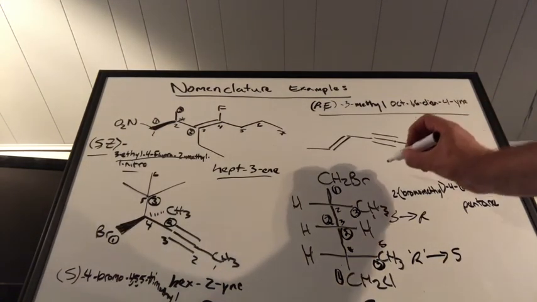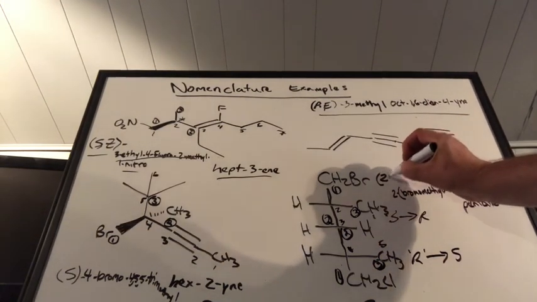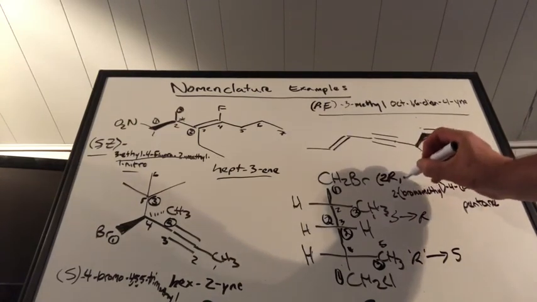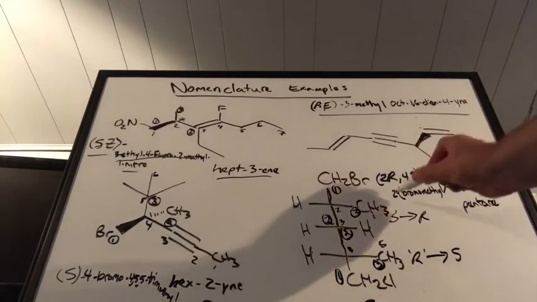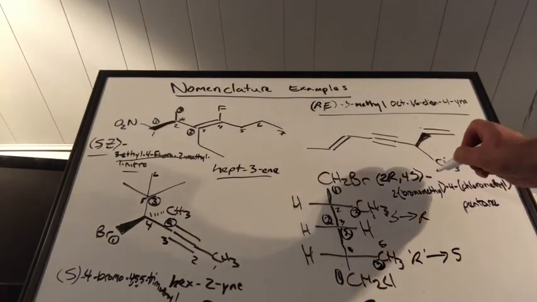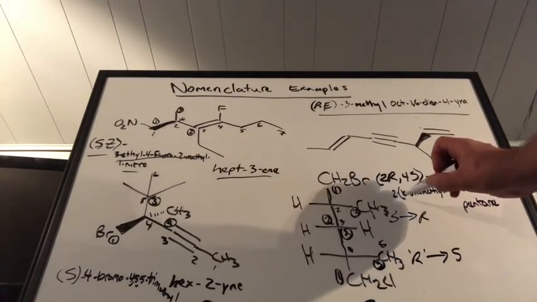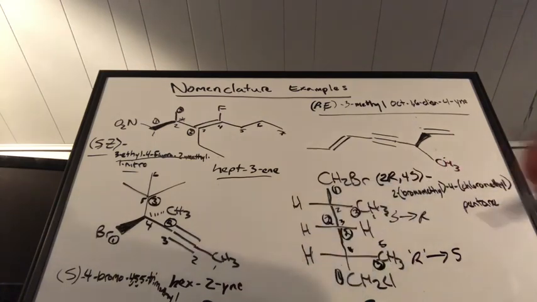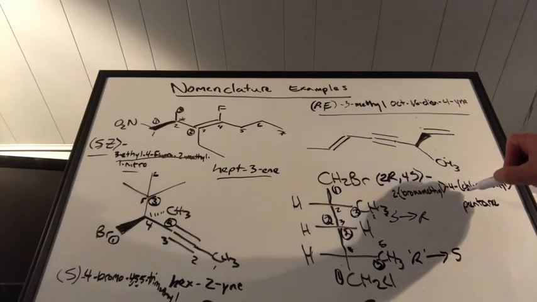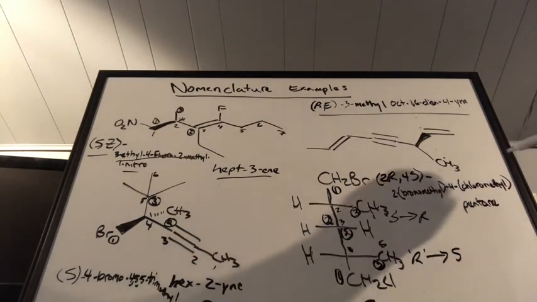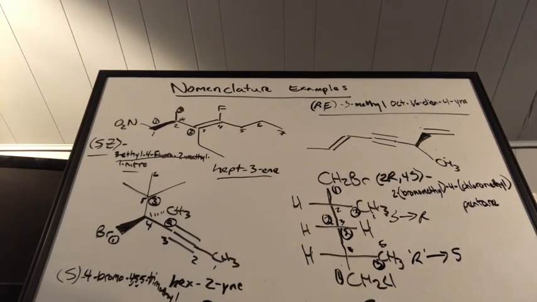So it should be 2R, 4S, hyphen, 2, hyphen, parentheses, bromomethyl, end parentheses, hyphen, 4, hyphen, parentheses, chloromethyl, end parentheses, pentane.